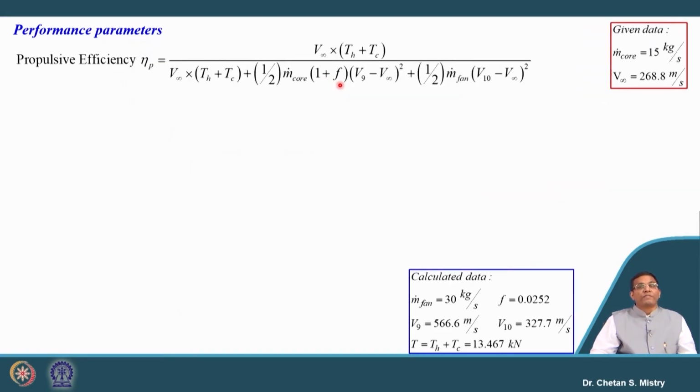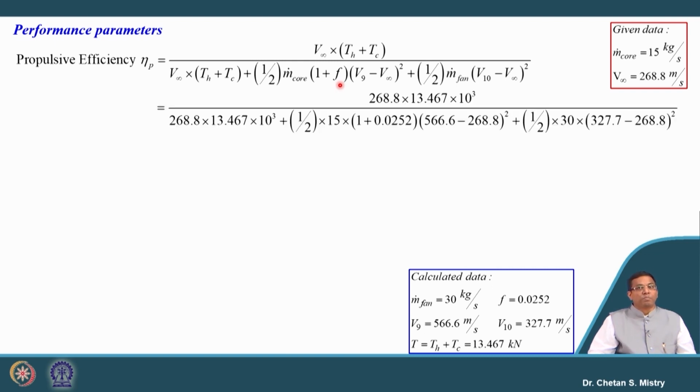The very first efficiency we have is propulsive efficiency. In the last numerical it was the ground condition, for which my Mach number was 0 and my free stream velocity was 0. Here in this case we have the velocity known to us based on Mach number 0.9. So, V infinity is 268.8 meter per second. Let us put this number.